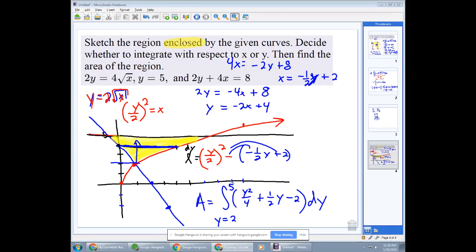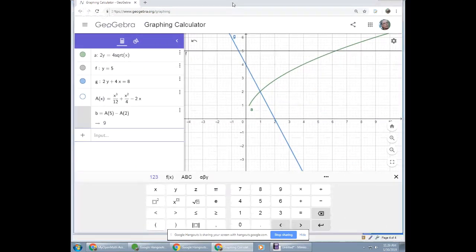I got 9. You got 9. 9 is what I got too. So hopefully we're both right. Often I don't get these right on the first try. You got 9 too? Okay, 3 of us have the same mathematical delusion. Hopefully we're right. Imagine us all being wrong. It happens.